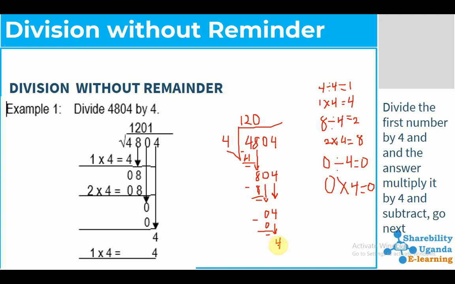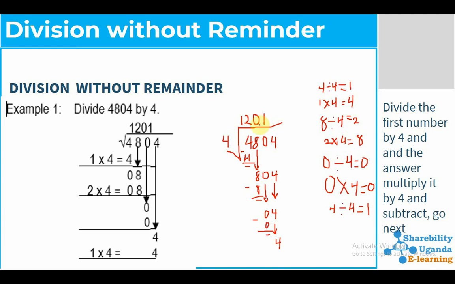Then we say 4 divided by 4. We shall get our answer, what? 1. 4 divided by 4. Okay, our answer is what? Our answer is 1.